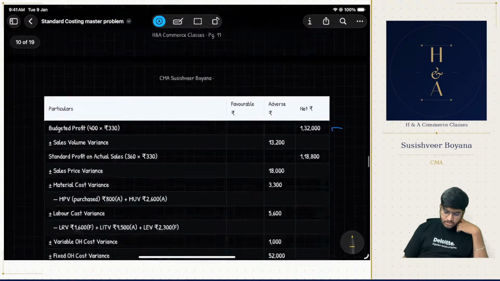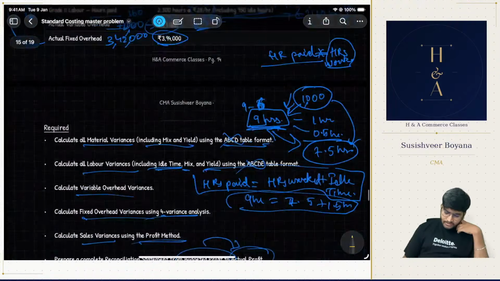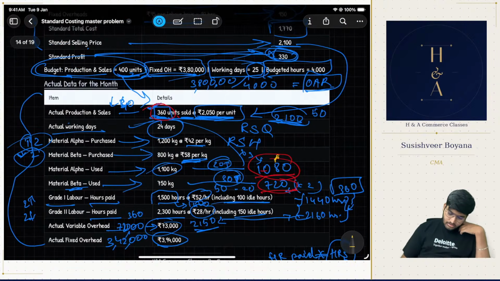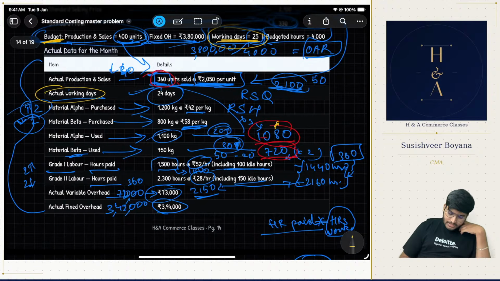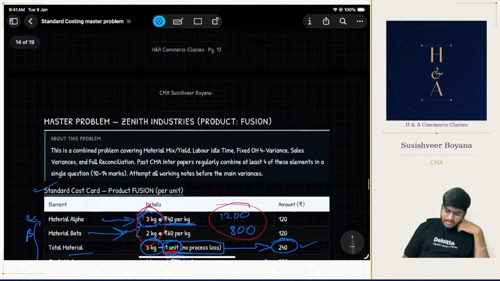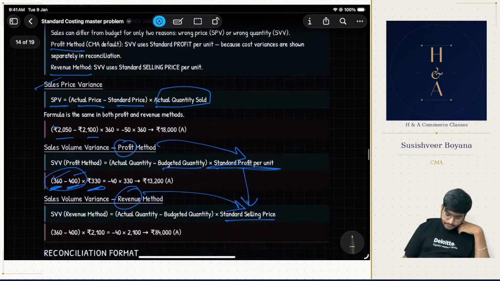If you look at this question that we're solving, working days based on budget is around 25, but actual working days is 24. That is where we'll see a deviation. Let's look at it.